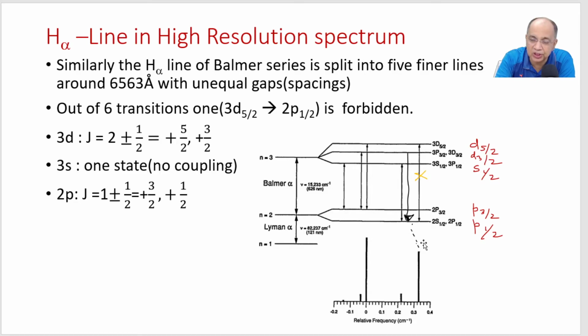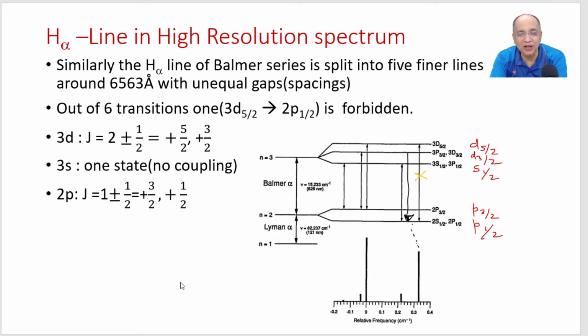So this transition is disallowed, but all other transitions are allowed, and therefore you find the corresponding 5 peaks with different intensities. Still, the probability of transition will not be the same. The intensities are different. So 2 prominent peaks will be found, and the other 3 are very short, and this one is almost buried in the baseline, right?